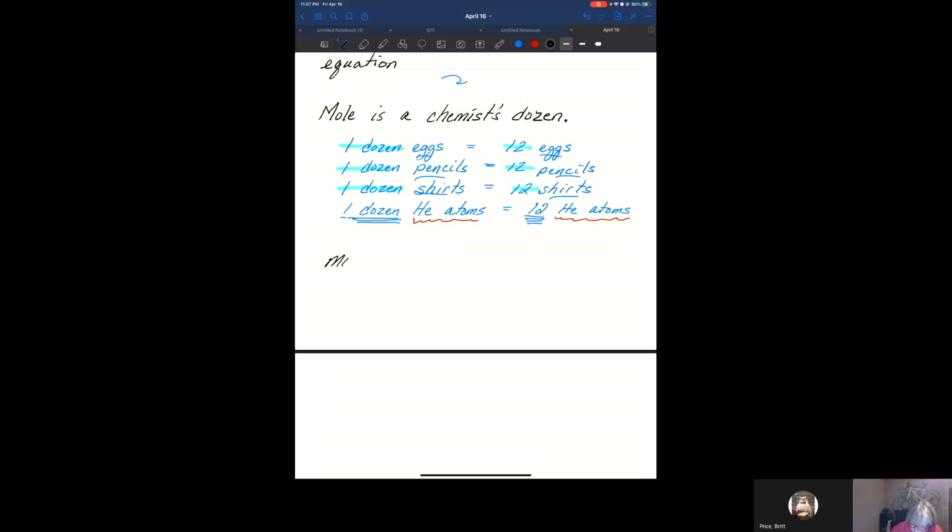Okay, good. Mole, same idea. 1 mole, let me start over there. Okay. So 1 mole is 6.022 times 10 to the 23rd power.